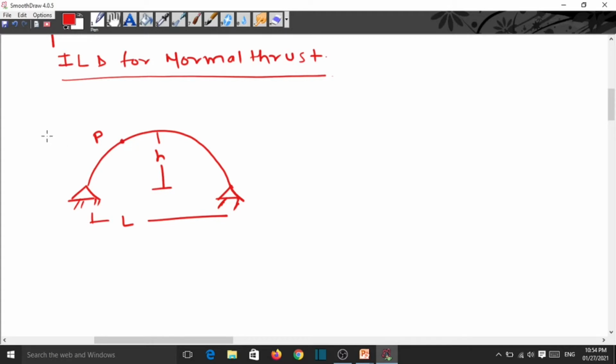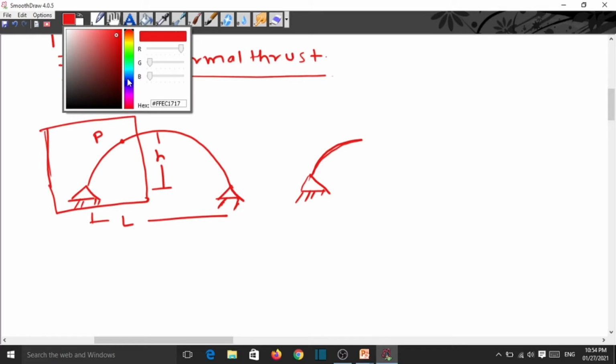If you take the free body diagram of this part, the forces are like this.